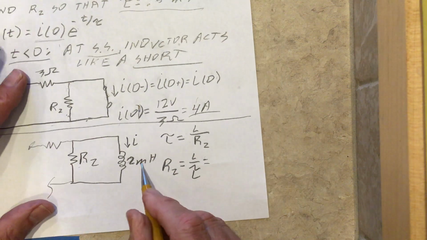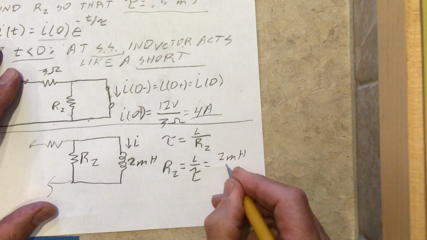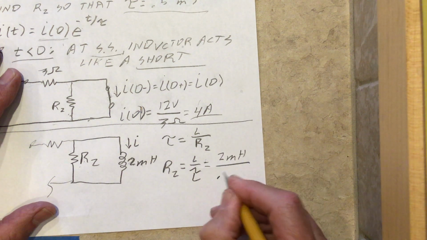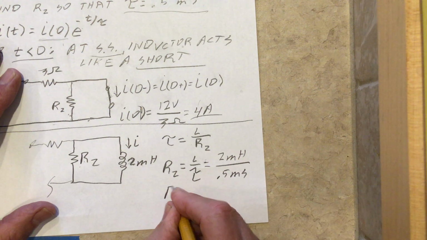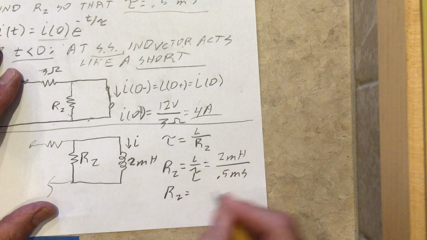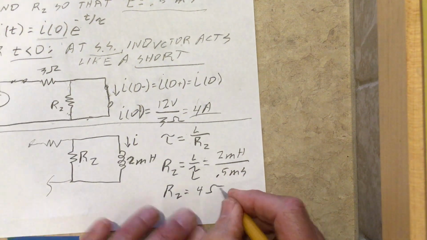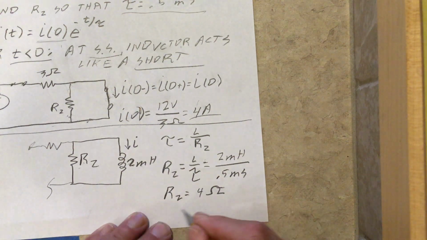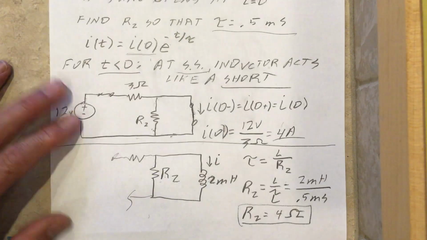L is 2 millihenries. Tau is 0.5 milliseconds, so that gives me an R2 of, let's see, 4 ohms. So there's one of our unknowns.